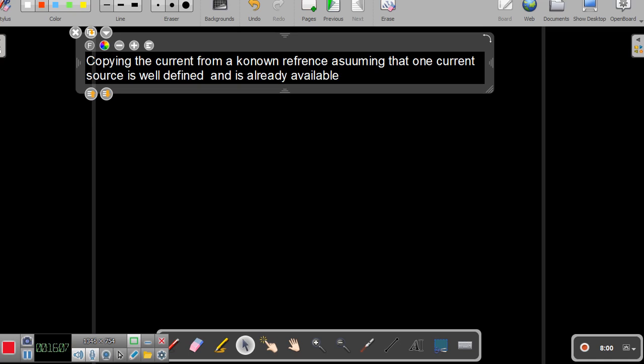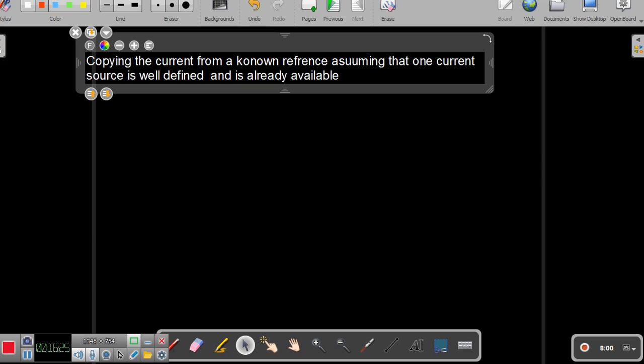So this process is called current mirroring, copying the current from a known reference, assuming that there may be some small spelling mistakes, right? Assuming that one current source is well defined and which is already available.